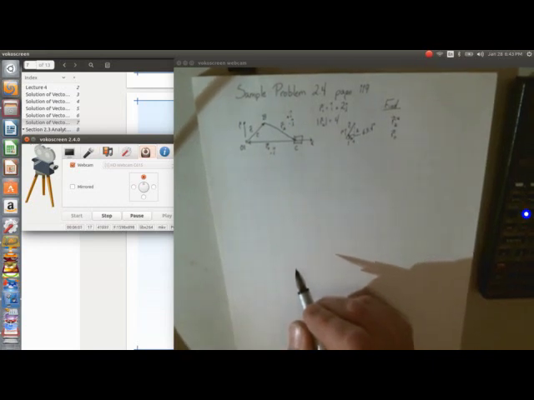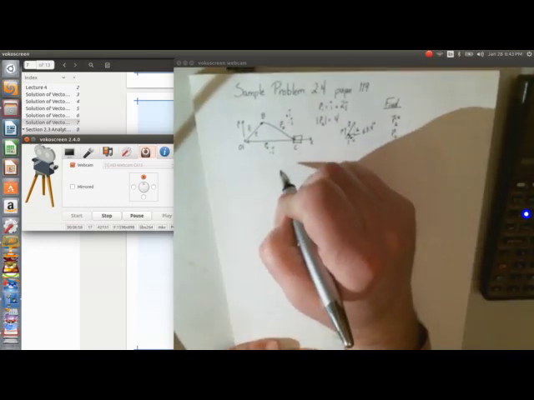So I can use the equations on slide 7 to write the following.